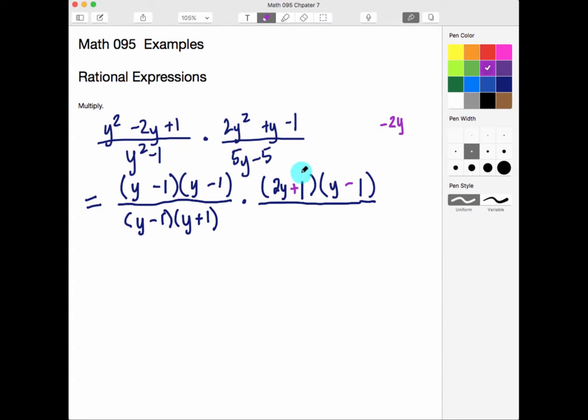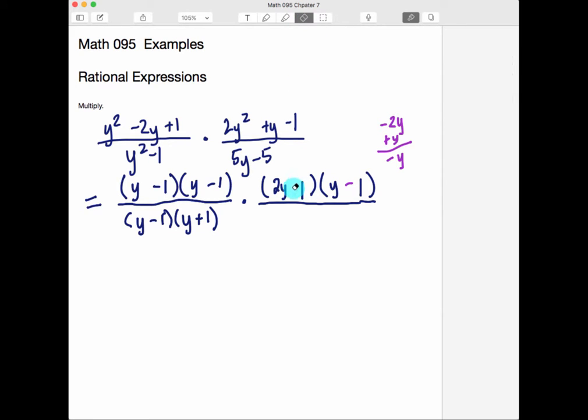And then the other middle term comes from the inner, so I just did the outer, I'll do the inner now. 1 times y, that's a positive y. And if I add those together, negative 2y plus 1y is a negative y. That is not the middle term inside my polynomial. So that means that my plus and minus signs are incorrect. I'm going to go through and erase them.